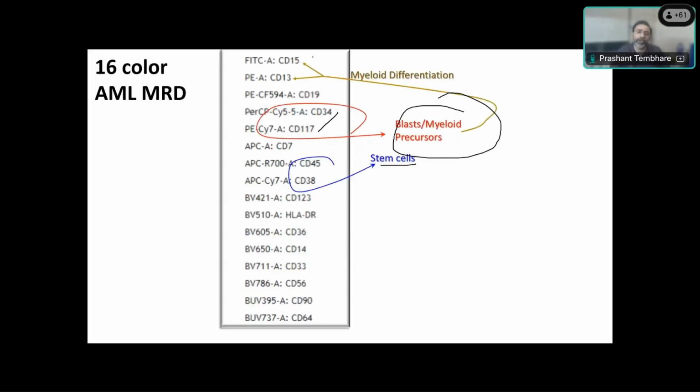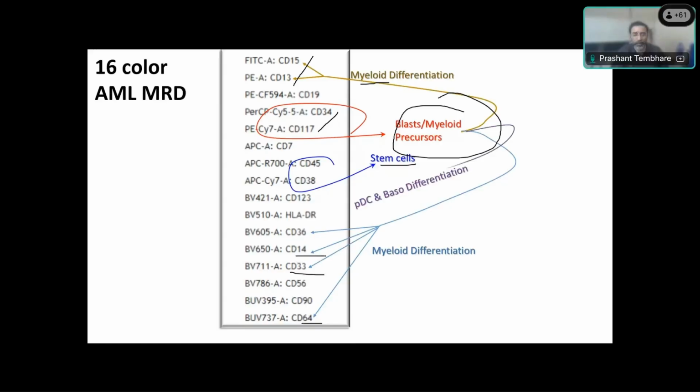Then we have CD13 and CD15 to identify myeloid differentiation, the cells which are differentiated granulocyte lineage. We have markers which can identify monocytic maturation, like CD64, CD33, CD64, and CD14. Then we have PDC and basophil differentiation by using CD123 and HLA-DR.